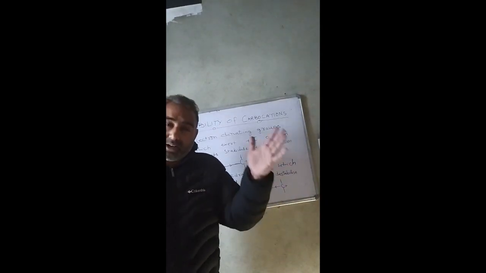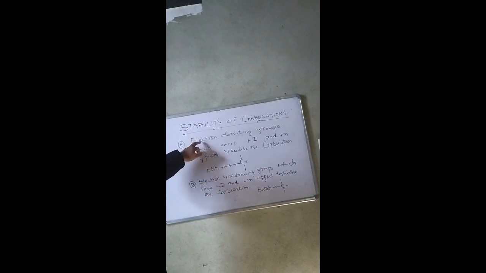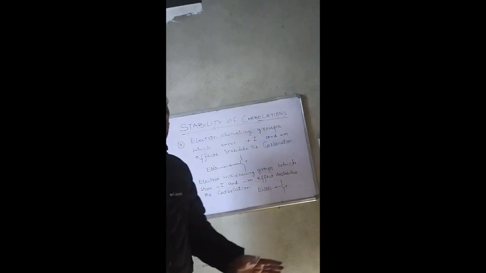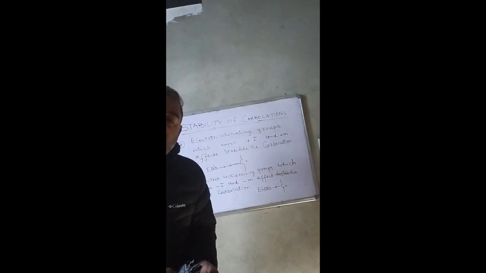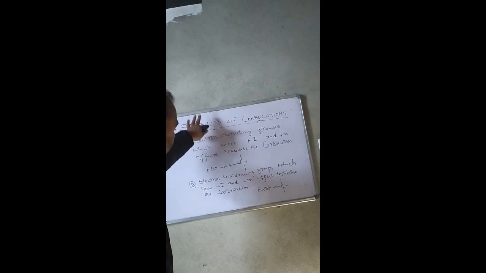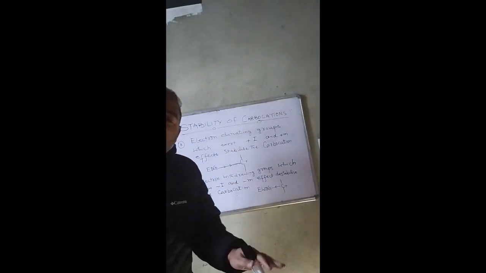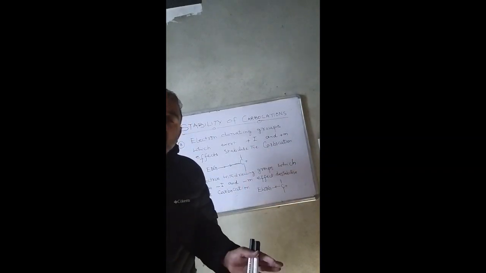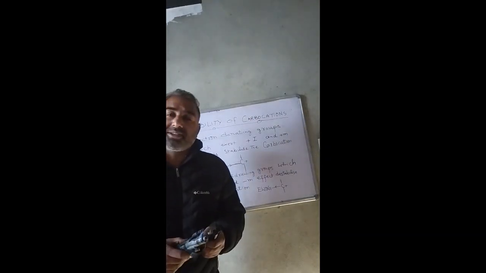So as a general rule, electron donating groups stabilize the carbocation and electron withdrawing groups destabilize the carbocation. To make these two statements clear, I will write some carbocations and we will arrange them in decreasing or increasing order of their stability.